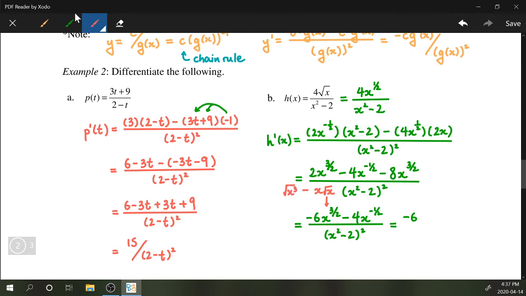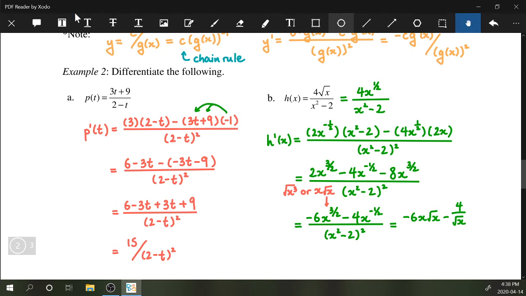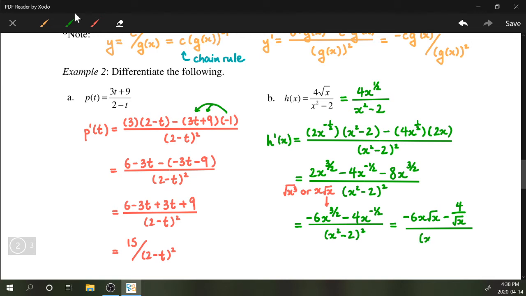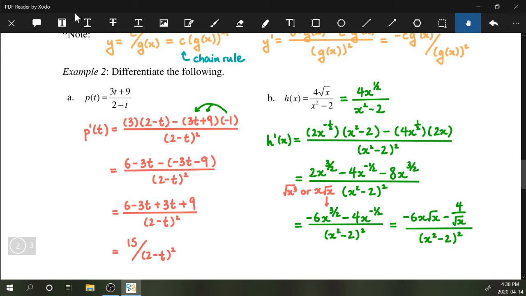Either one is okay. You can choose. I prefer x root x. So x root x minus, and this is of course 4 over the square root of x, and then all over x squared minus 2, all squared. So these are a couple of examples where you can't really get away from using the quotient rule.